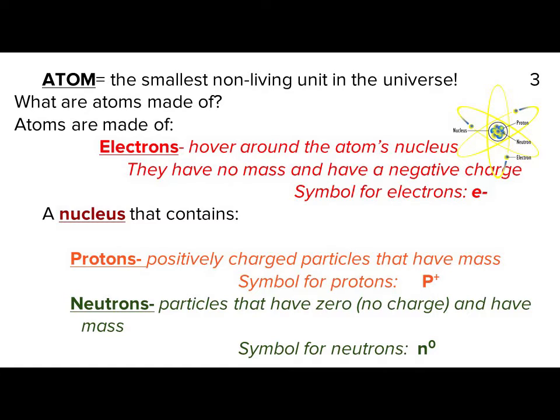The atom also contains a nucleus, which has protons, positively charged particles that have mass, and the symbol for protons is a capital P with a plus sign. In addition, we have neutrons, which are particles that have zero charge and have mass. The symbol for neutrons is a small n with a zero.